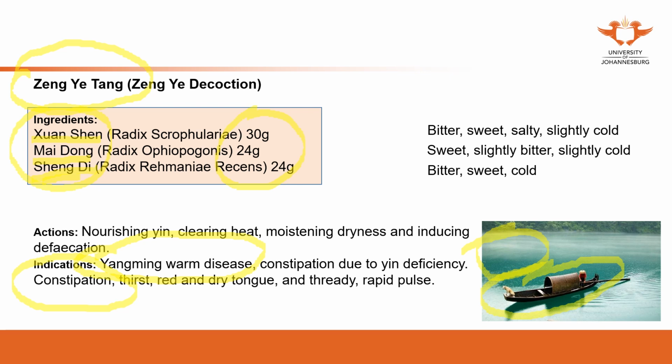If you have enough body fluids in the large intestine, then you can soften the stool, relieve constipation, even cause diarrhea. So this is one of the methods to treat constipation.